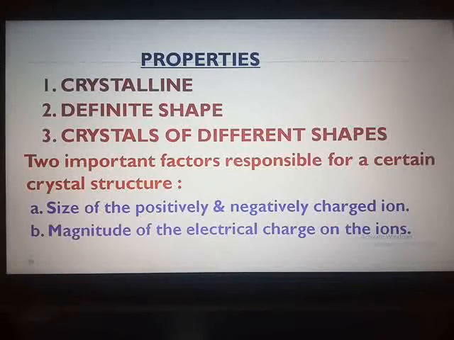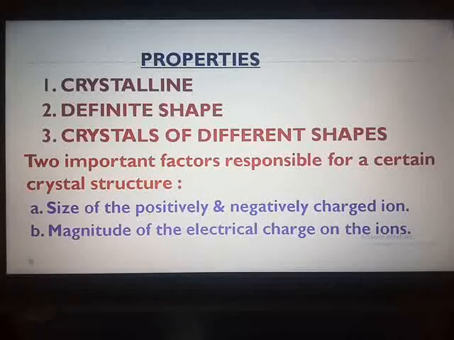Now, the electrostatic attraction between neighboring ions with opposite charges is very, very strong, and hence we have seen that the melting points of ionic compounds are very high, and also the nature of these ionic compounds is that they are very hard and brittle.